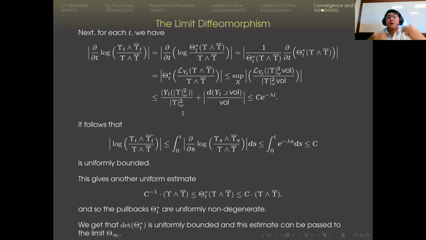To do that, we need to get some sort of non-degeneracy. So what we can do is take the ratio of the volume forms, right? Epsilon wedge epsilon bar is the volume form of our initial structure, and as we move, epsilon_t wedge epsilon_t bar is the moving volume form.